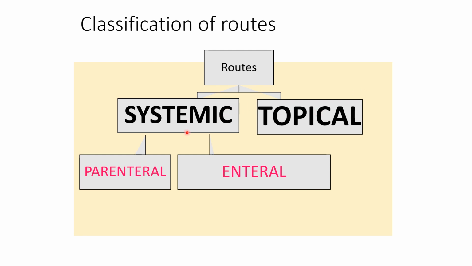Now let's look at the systemic routes. They are further subdivided into two, namely the parenteral routes and the enteral.